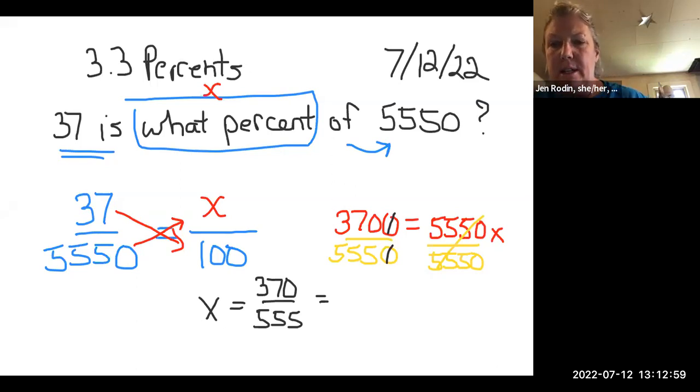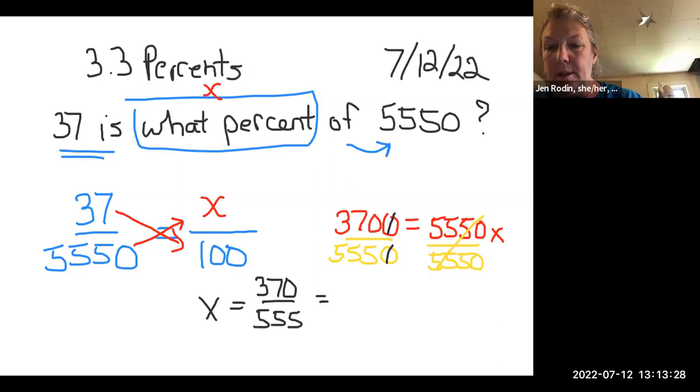I did this already yesterday, but I didn't do it this way. So I'm just trying to show a different way. Like 5 could go into both, but can anybody think of anything bigger? It's not obvious.